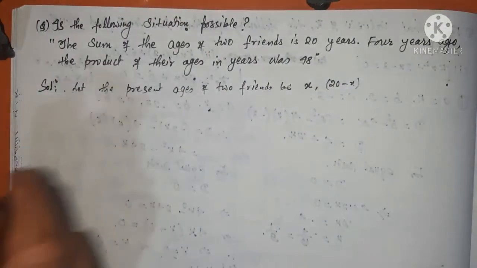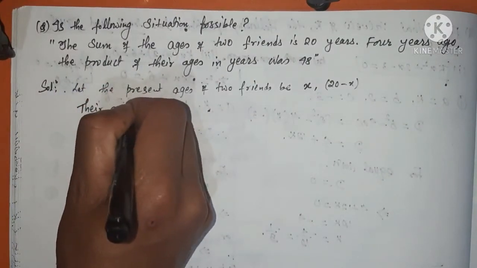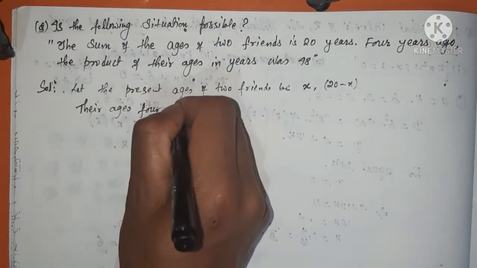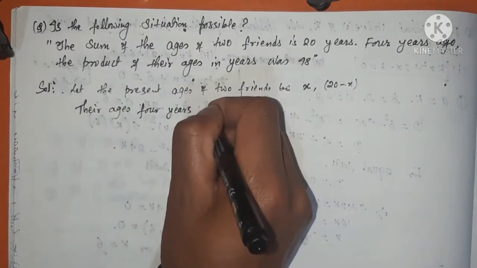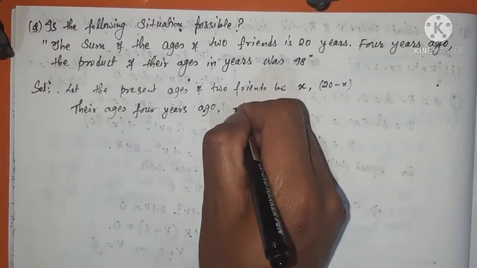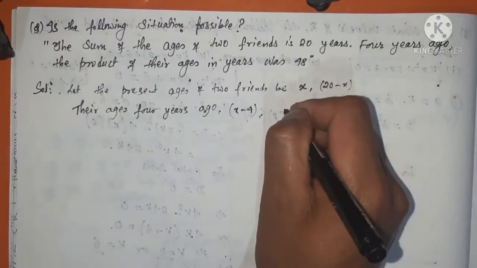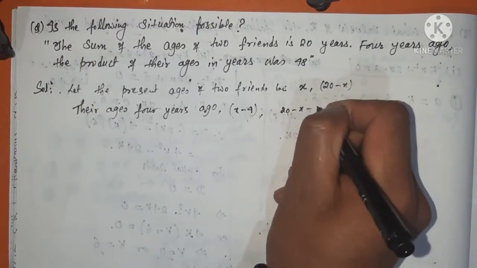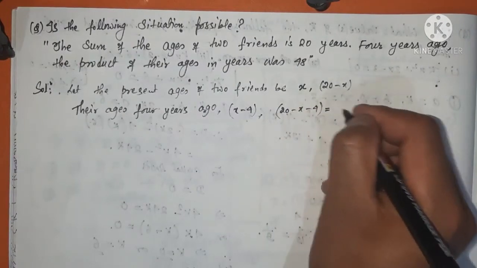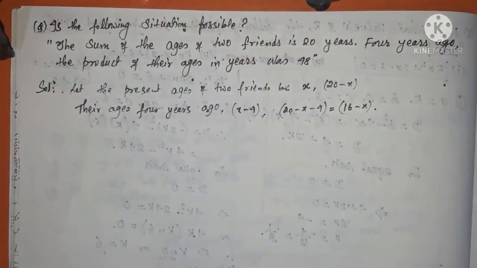Now 4 years ago, their ages will be x minus 4, and the other will be 20 minus x minus 4, that is equal to 16 minus x.